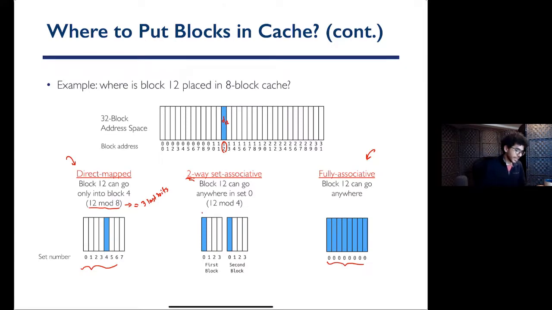So this is set 0, block 1, set 0, block 2, set 1, block 1, set 1, block 2, all the way to set 3, block 1, and set 3, block 2. So here, I have 4 sets. So I have to get the mod of 4, which is equal to the last 2 bits.